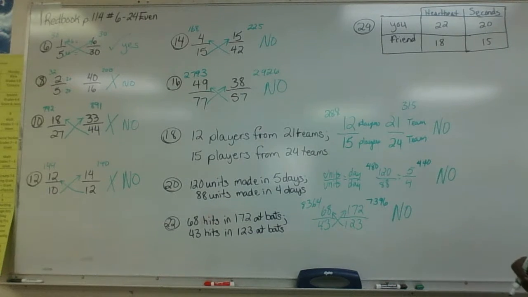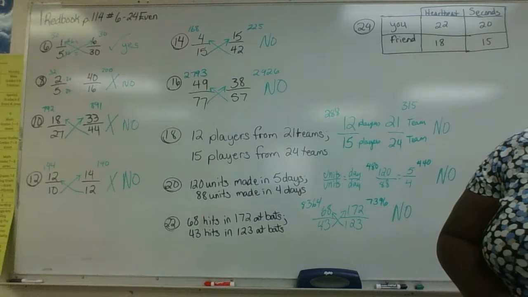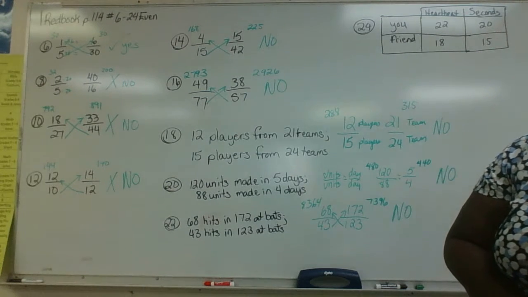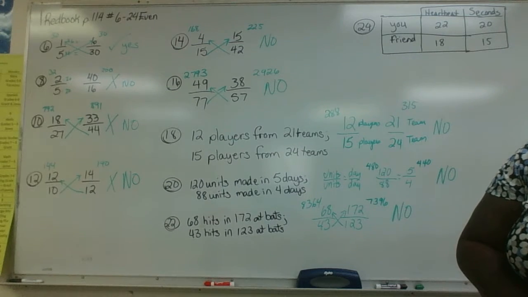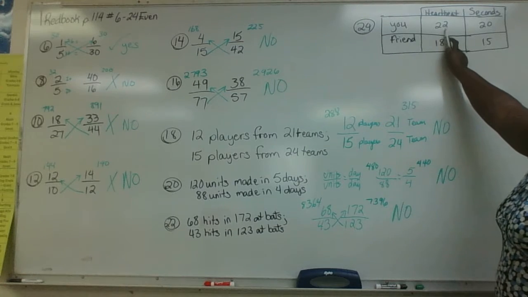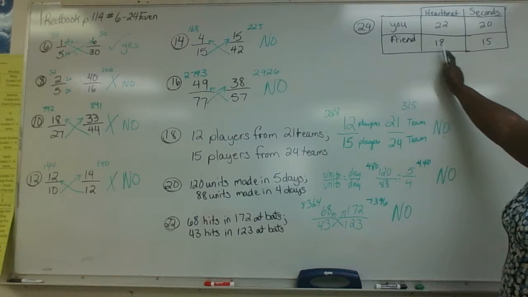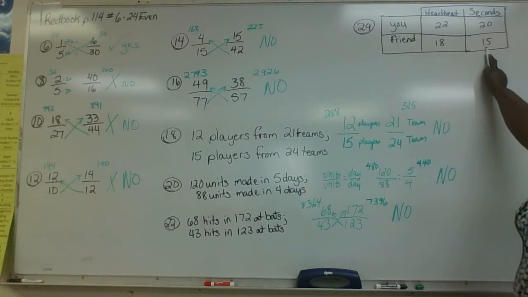On number 24, the question reads, find the heartbeats of you and your friend. Do these rates form a proportion? So this is you, your heartbeat per second. This is your friend, their heartbeat per second. Okay?